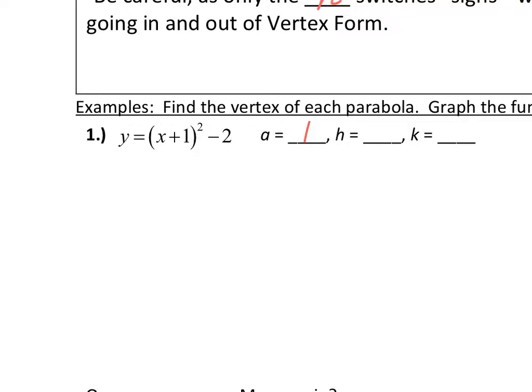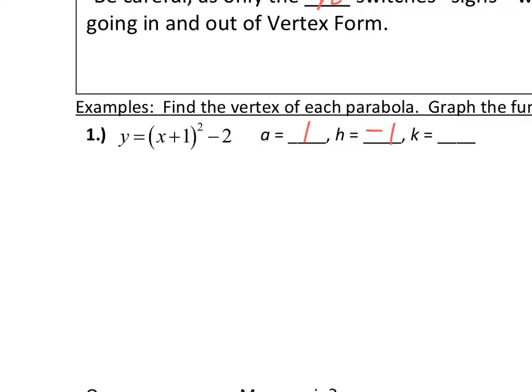The h switches signs. So Bella, what's h got to be? It's 1 in the parentheses, so switch the sign. It's going to be not positive 1, but negative 1. So this is my h would be here, but it changes signs.